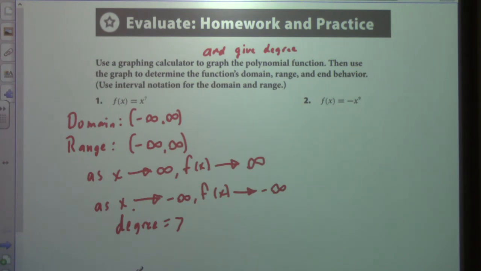So Nolan, you have what that is? All right, he has it right here.